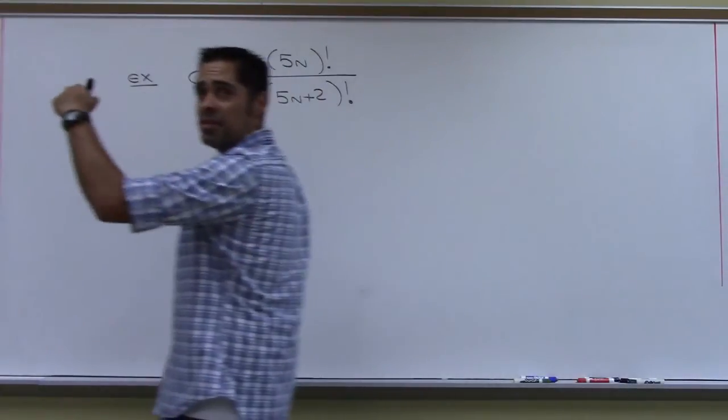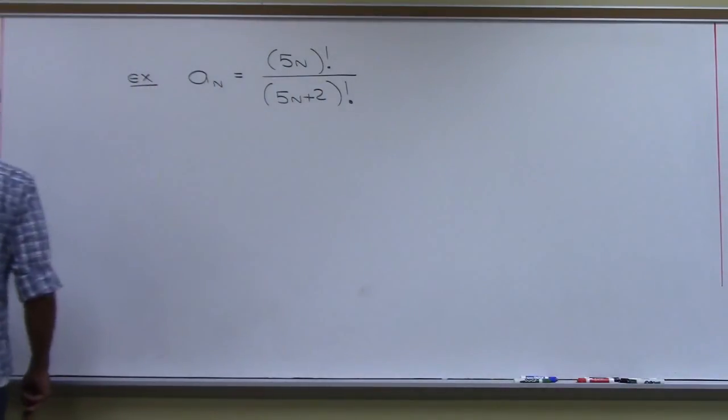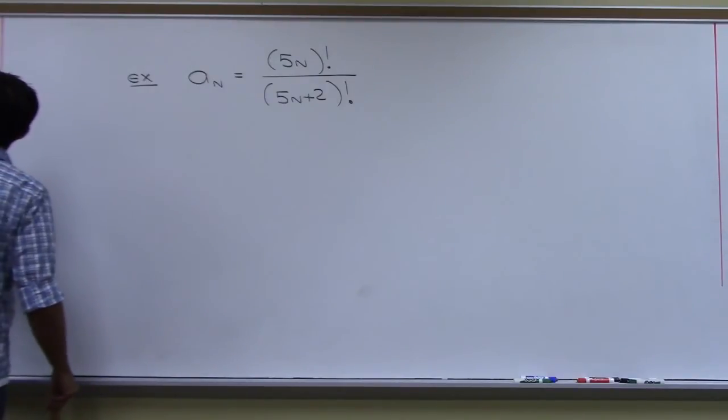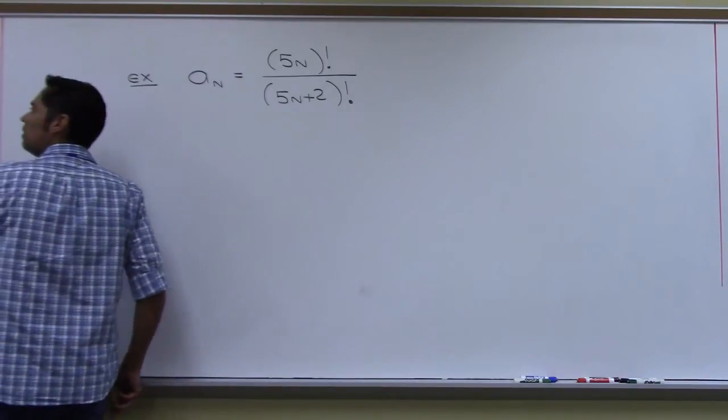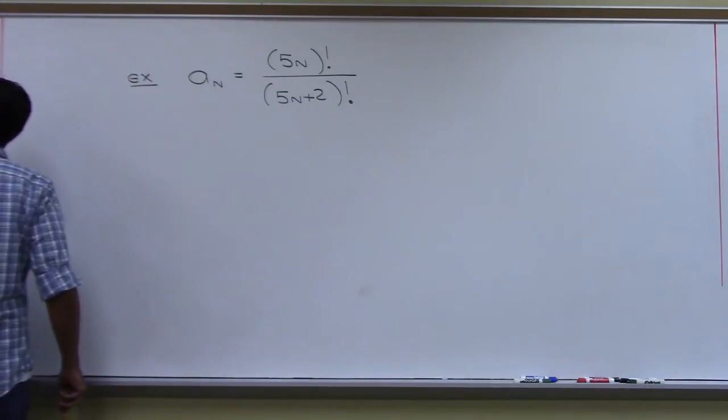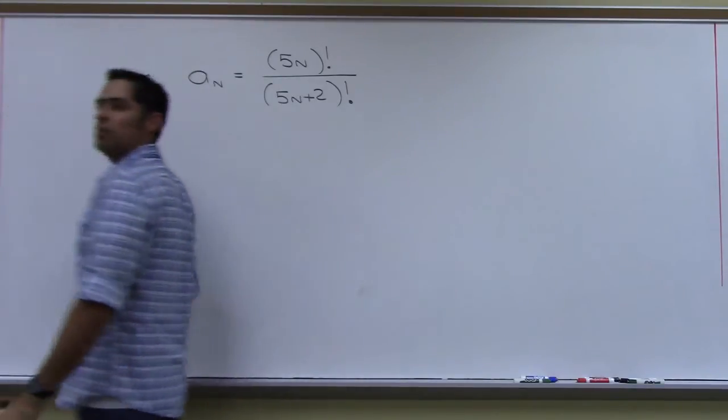I will write down on the side as a reminder of what it is. N factorial was n times n minus 1 times n minus 2, all the way until I get down to 1. As an example, 5 factorial is 5 times 4 times 3 times 2 times 1, right?